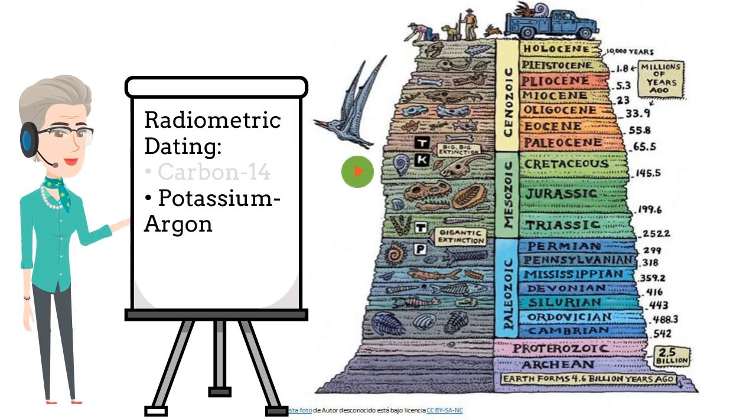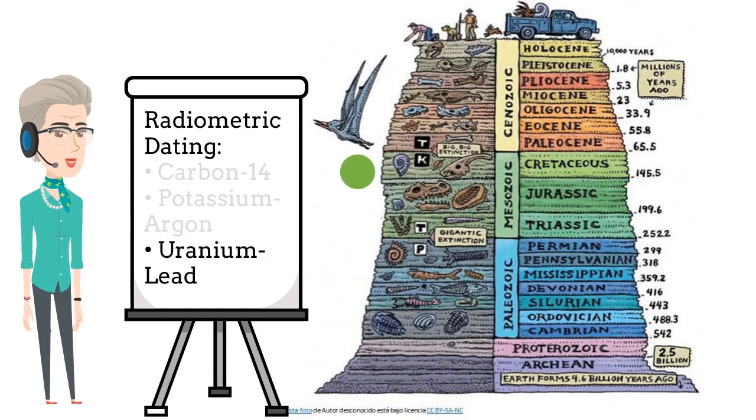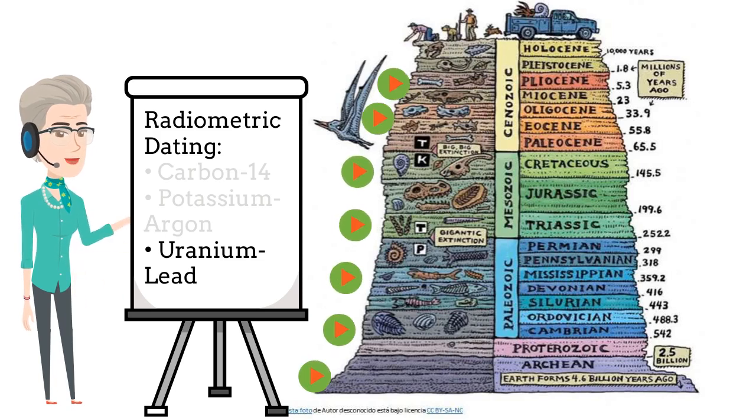Potassium-argon dating, widely used to date rocks that are millions to billions of years old. Potassium-argon dating relies on the decay of potassium-40 into argon-40. Uranium-lead dating is used to date rocks that are several 100,000 to billions of years old. Uranium-lead dating measures the decay of uranium isotopes into lead isotopes.